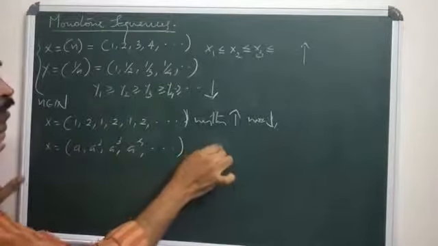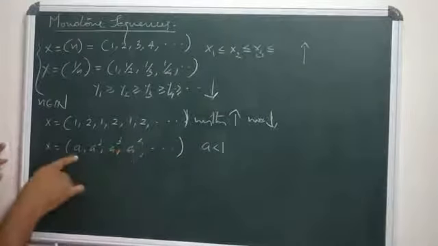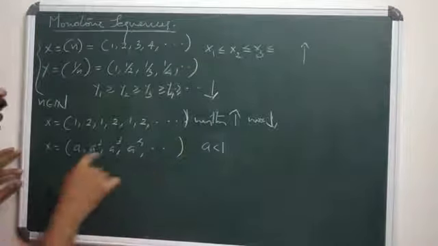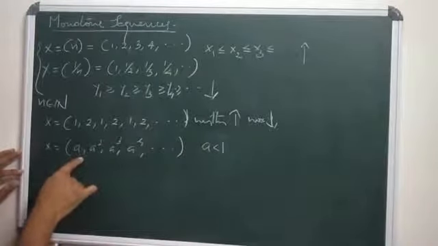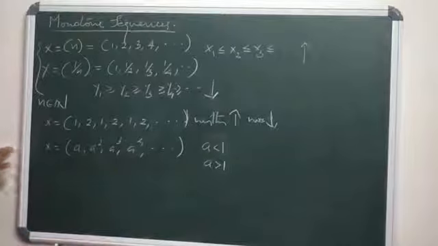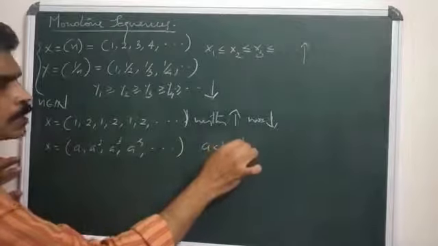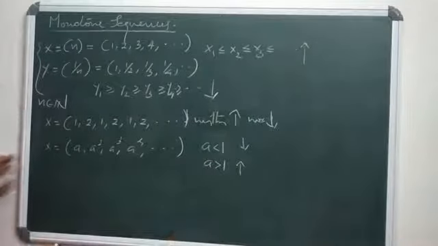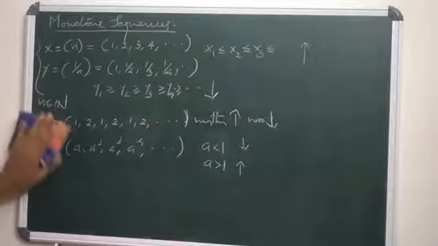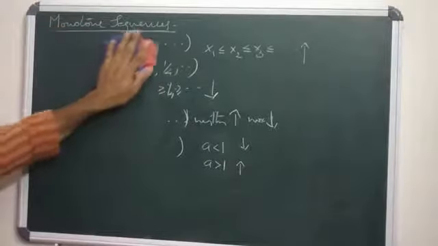When a is less than 1, it is a decreasing sequence, and when a is greater than 1, it is an increasing sequence. Okay. And if x equals a only, that's a constant sequence. So these are the increasing and the decreasing sequences.